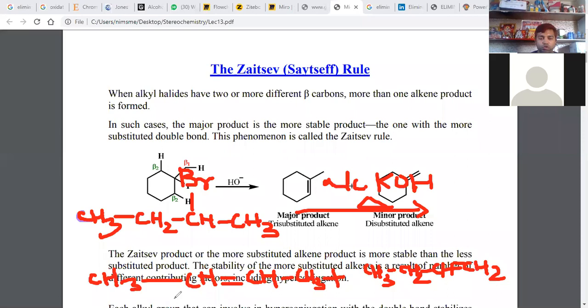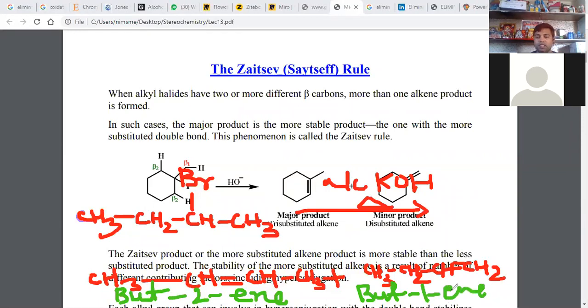One is 2-butene, this is but-2-ene, and this is but-1-ene. This is 2-butene and this is 1-butene.